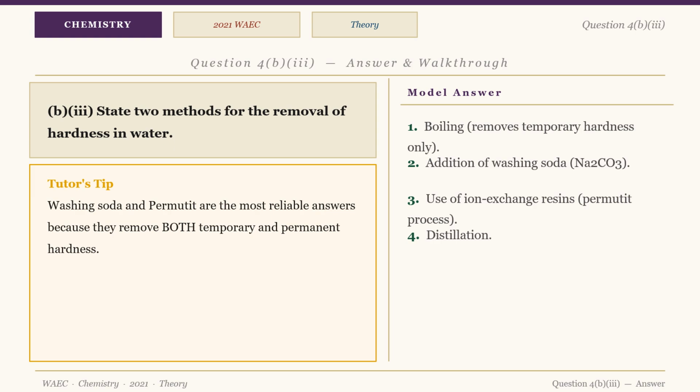So now washing soda and permutit are the most reliable answers because they remove both temporary and permanent hardness. So those ones can be used for both, so that's why they are more preferred.